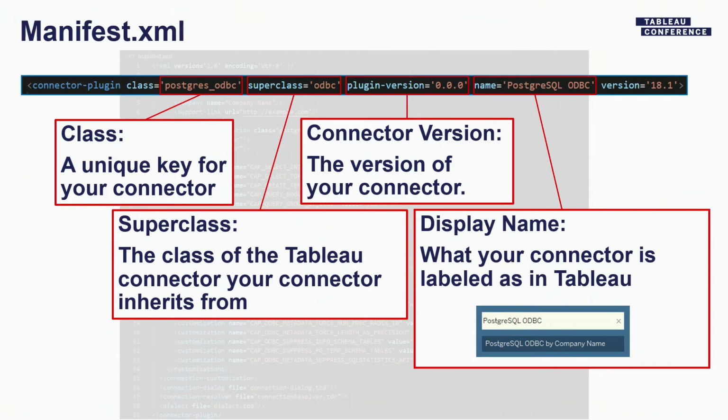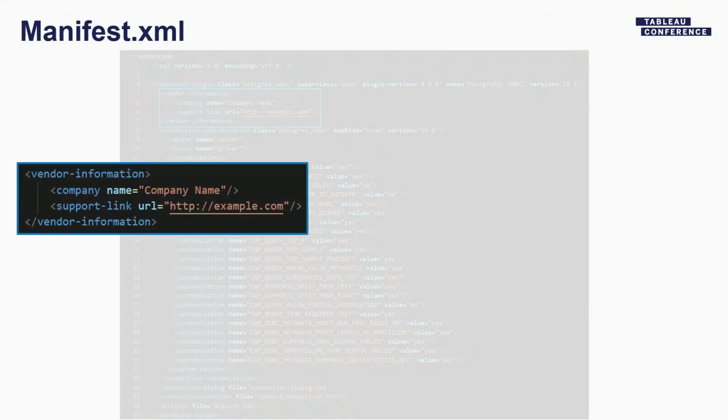What you just saw, the SQLite extract owning connector, that's the connector name. The next block is the vendor information. We want to give you credit when you create a Tableau connector. And also the Tableau user wants to know you created this amazing Tableau connector.